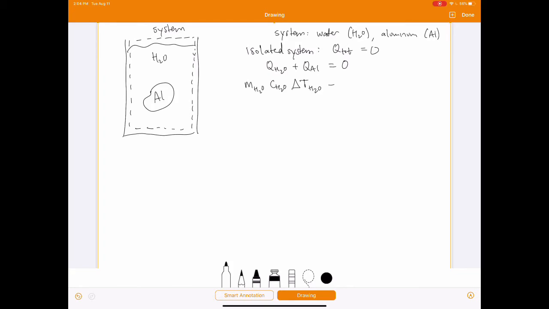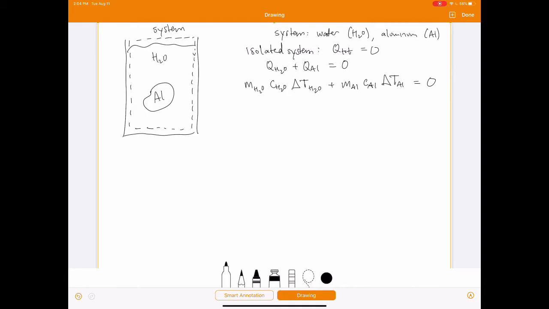At the same time, for the aluminum, we have mAl times cAl, the specific heat of aluminum, times delta T Al. As long as nothing is undergoing a phase change, that's all we need to write down the heat. And that is equal to 0, of course.